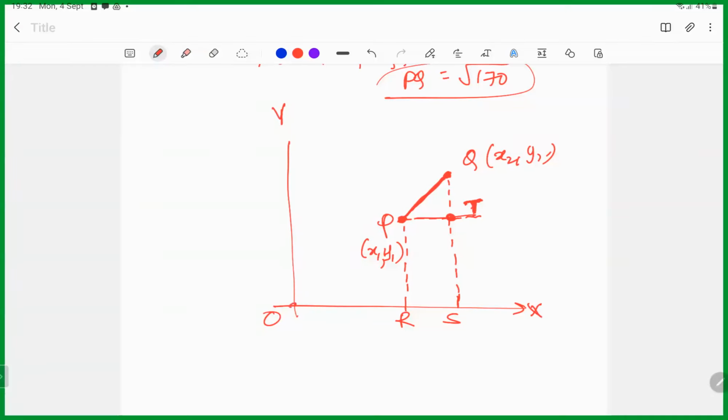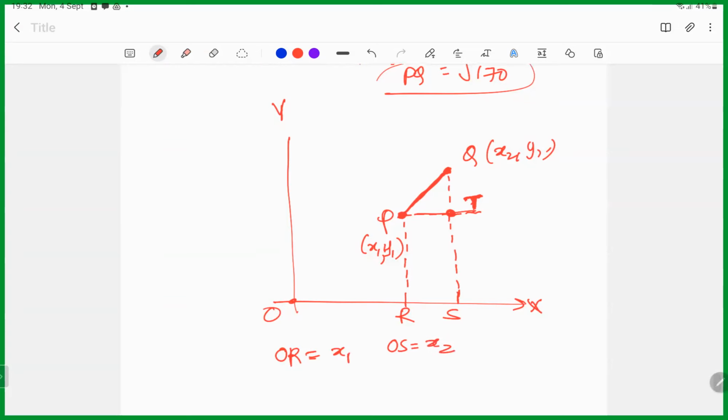So this is the origin. What is the OR value? OR equals x1, right? OS is x2.